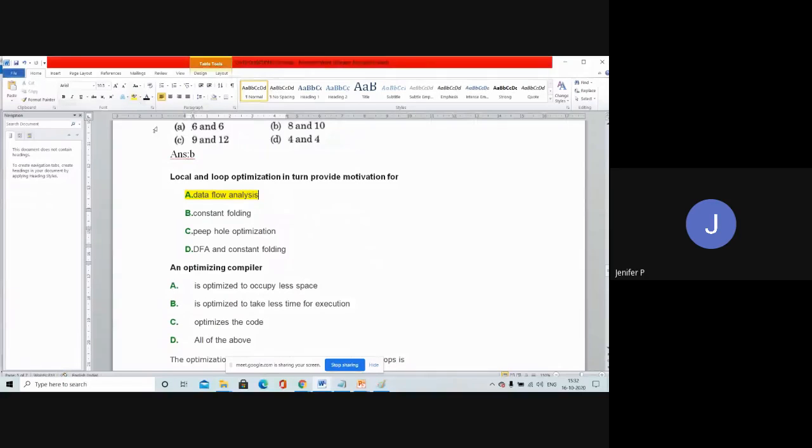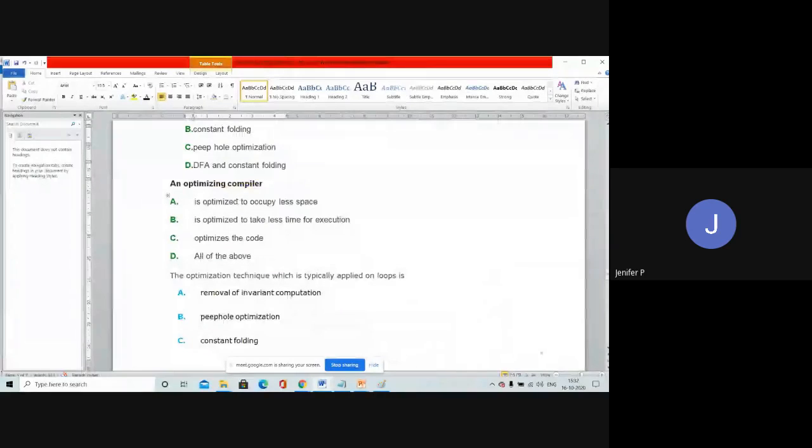Next, the optimizing compiler. So what are the things it will do? Optimization என்ன பண்ணுது? The first thing is optimized to occupy less space. Because when you are considering the temporary variables, we reduce the use of temporary variables.